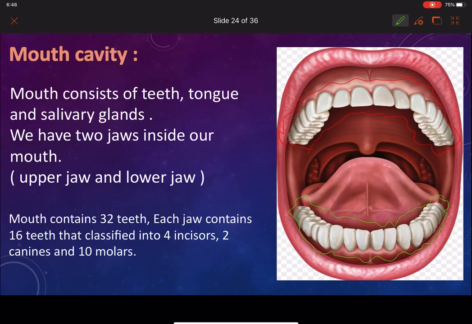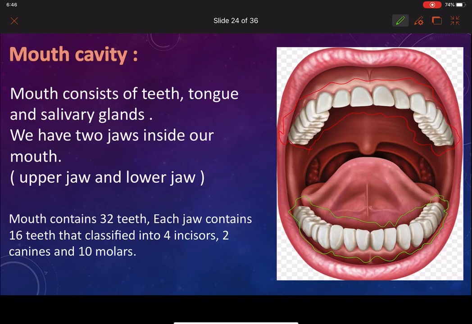There are two types of mouth, the adult mouth and the mouth of young persons. The adult mouth contains teeth, which are called adult teeth, while the young mouth contains teeth, which are called milk teeth.